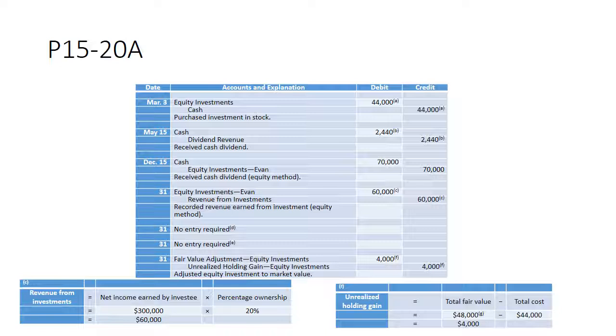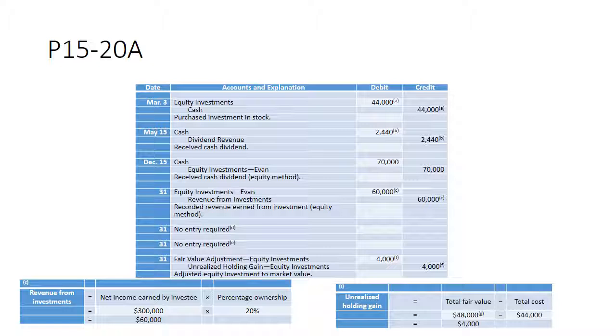Remember, equity method is when you own more than 20% or exercise significant control. When do you use the fair value? For the last one, Lilly, who we only own 7% of, reports their fair value at $12 a share. Well, when you own less than 20%, you report the investment at its fair value on the balance sheet.